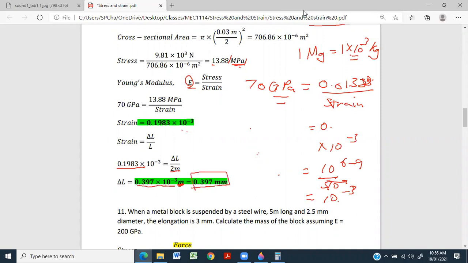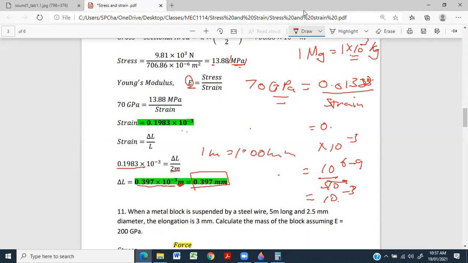So 1 meter is equal to 1,000 millimeters, so we multiply by 10 to the power of 3. So this here gets dropped off. So we get 0.397 millimeters.